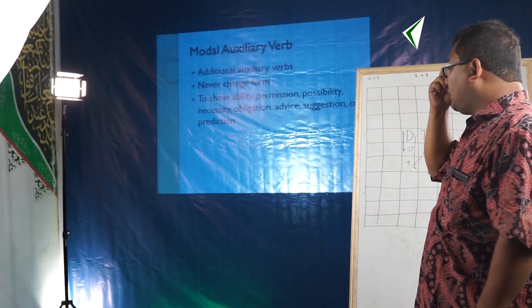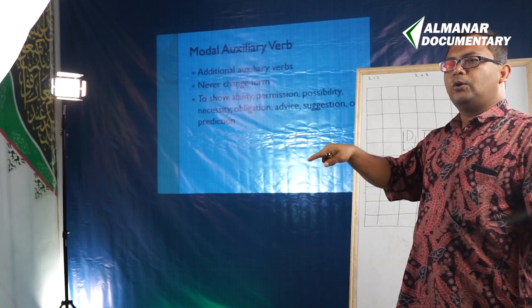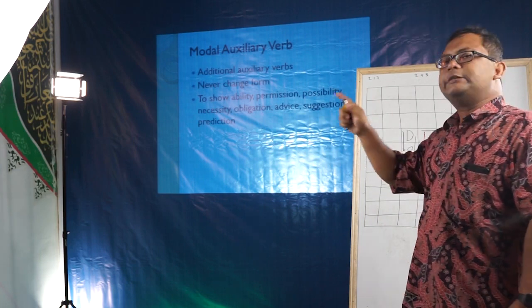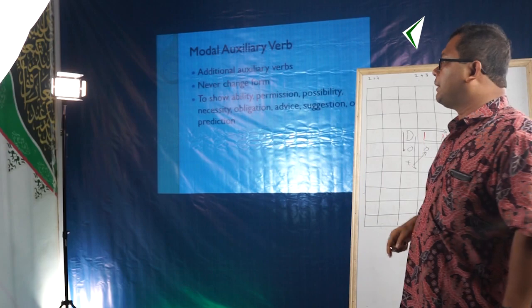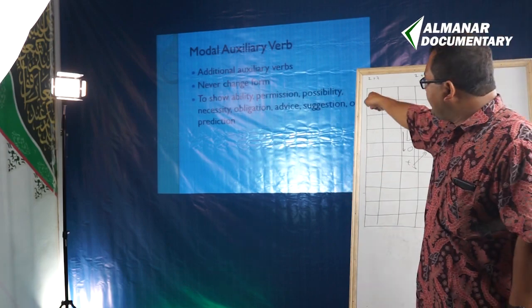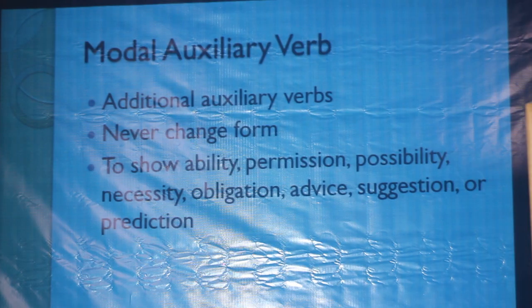For example, I go to the market. She goes to the market, as we have learned before. But here, if we supply some modal auxiliary in between, we cannot change the form.